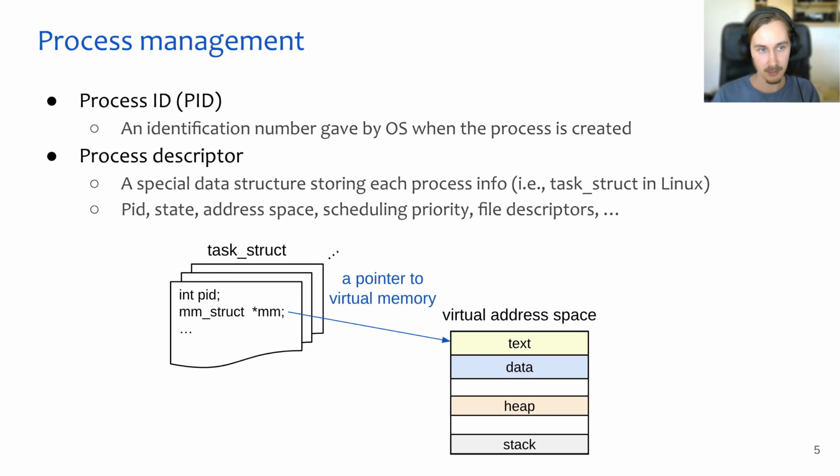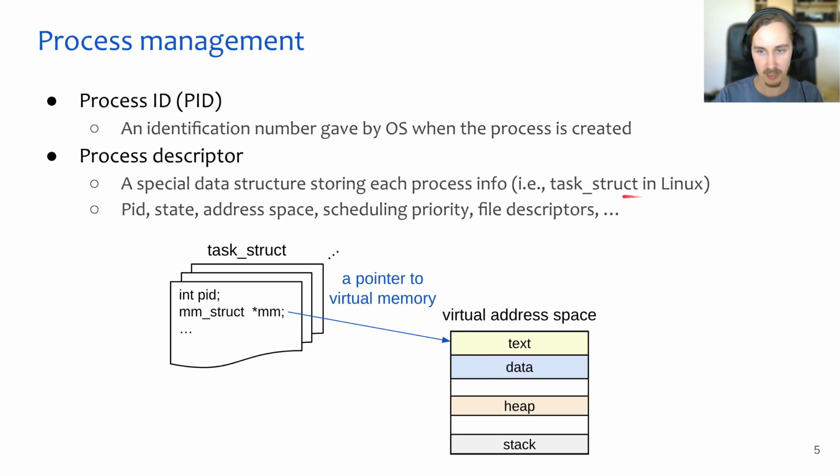And to do that, operating systems, in particular Unix operating systems like Linux, represent processes with a process ID, which then in the kernel maps to a process descriptor that stores all kinds of process metadata and context.